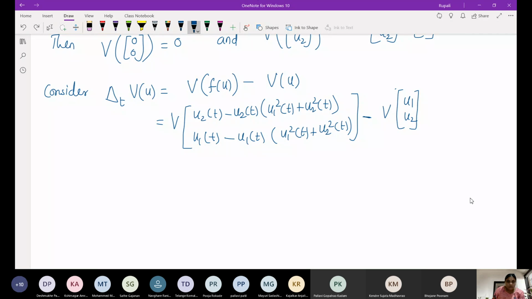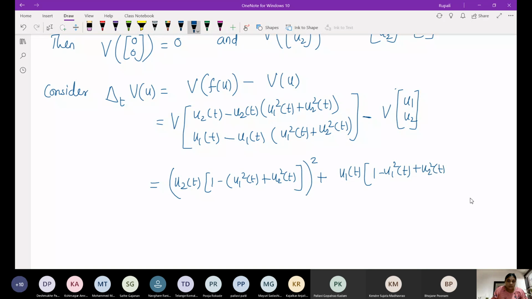So what is the first coordinate square now? u2t, I can write this as u2t times 1 minus u1 square t plus u2 square t, and its square, plus u1t times 1 minus u1 square t plus u2 square t, bracket square, and minus u1 square plus u2 square.